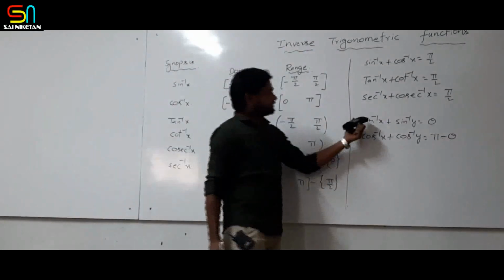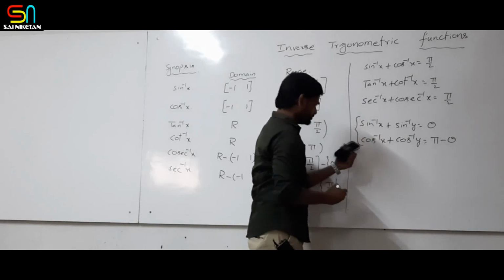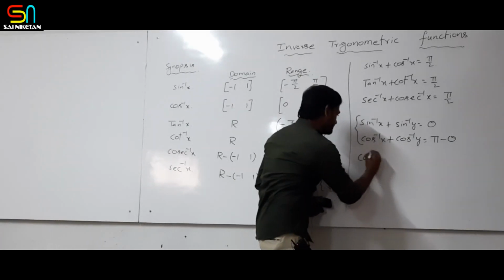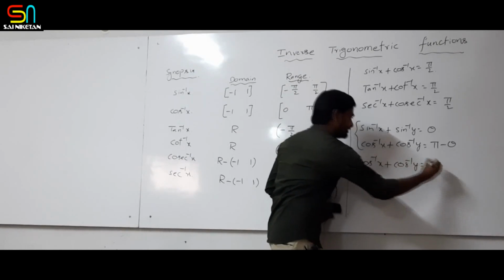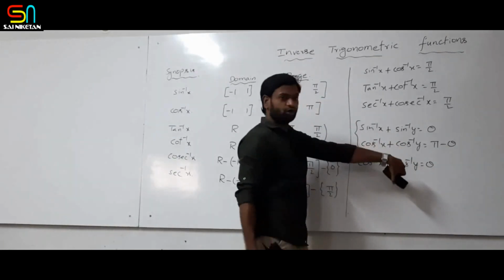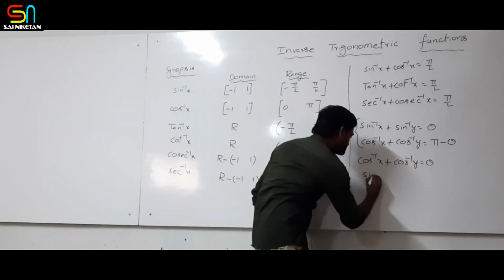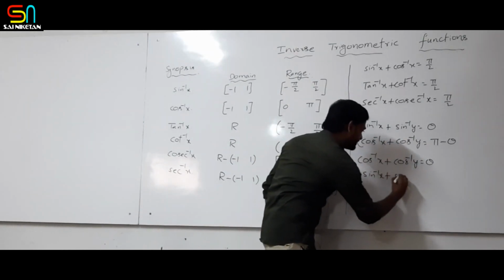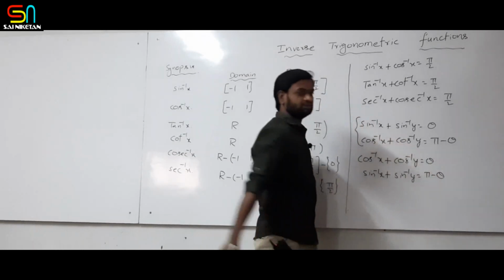Next, suppose I am taking cos inverse x plus cos inverse y equal to theta. Then what is the value of sin inverse x plus sin inverse y? It is also pi minus theta.